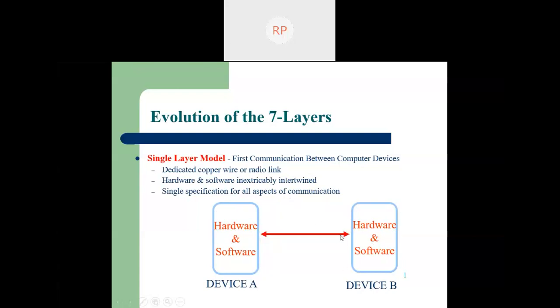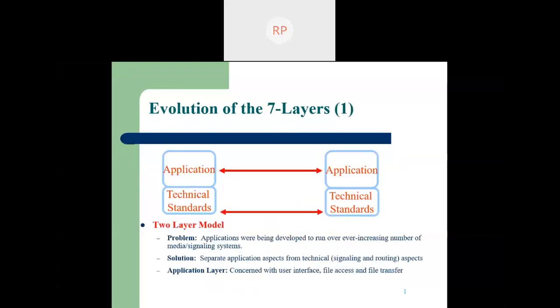We have to discuss single layer, two layer, three layer, four layer, up to the seven layer. The next evolution is the two layer model. Before that, we have to discuss the problem. What is the problem? Applications were being developed to run over an increasing number of media and signaling systems.